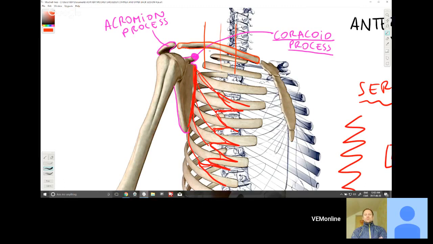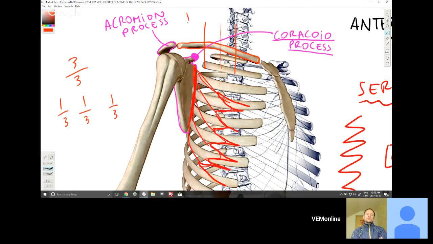So every single structure in our body we can divide either in 2 parts or in 3 parts. Again, we already talked about that. That's a little bit of review as well. So clavicle usually we will divide in thirds, right? So 1/3, 1/3, and 1/3.